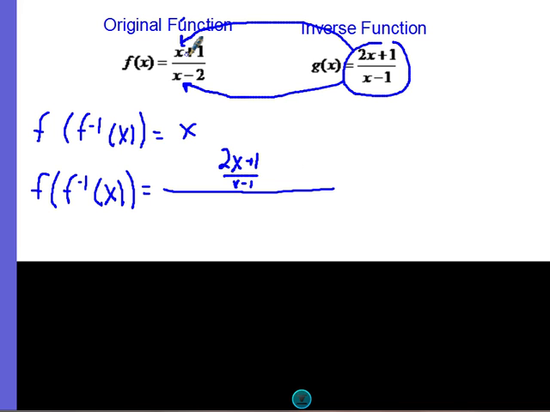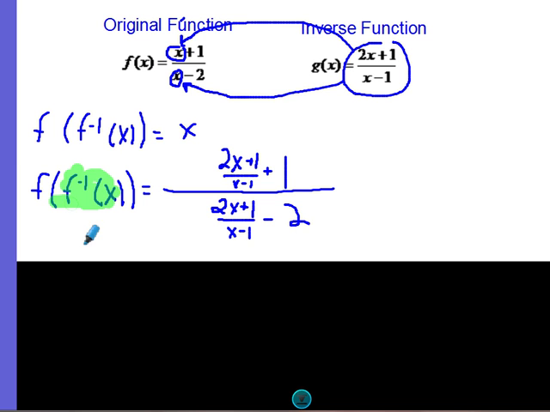Okay, we just replaced that x, and we still have the plus 1 in our numerator. Now, replace that function with this x also. So you have 2x plus 1 over x minus 1 minus 2.